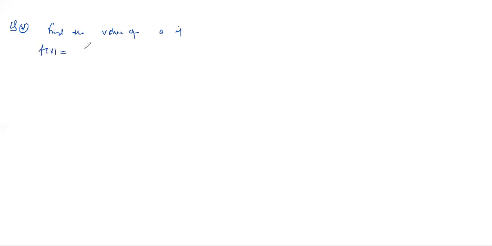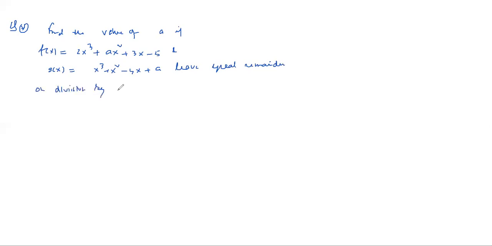Find the value of a if f(x) equals 2x cube plus ax square plus 3x minus 5 and g(x) equals x cube plus x square minus 4x plus a leave the same remainder on division by x minus 2.